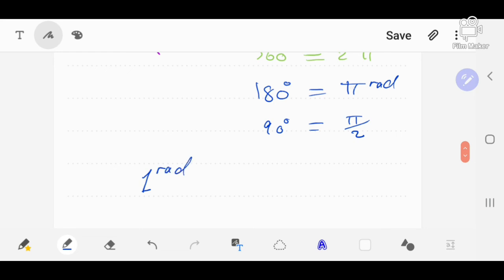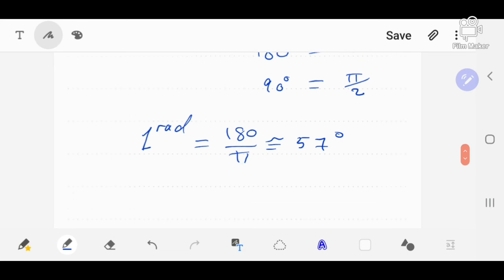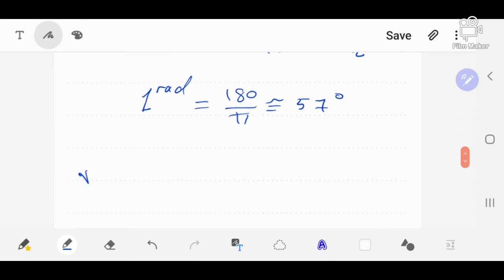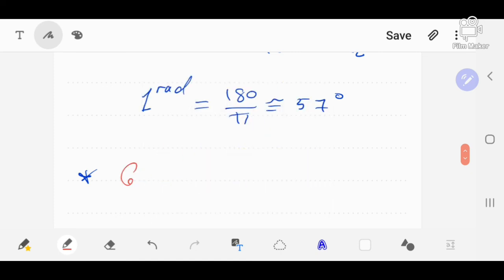So 1 radian is equal to 180 over pi, which means, and that's important, to convert from radian to degree, we need to multiply by 180 over pi.